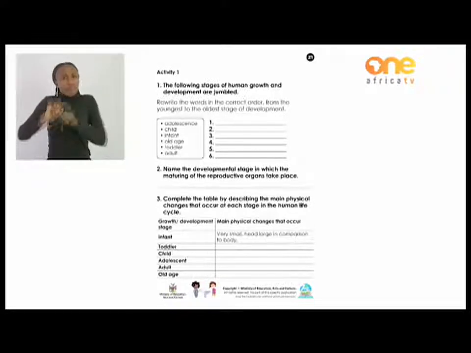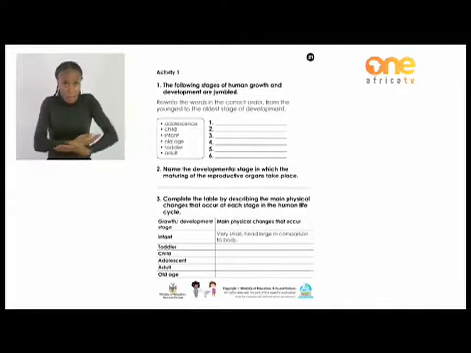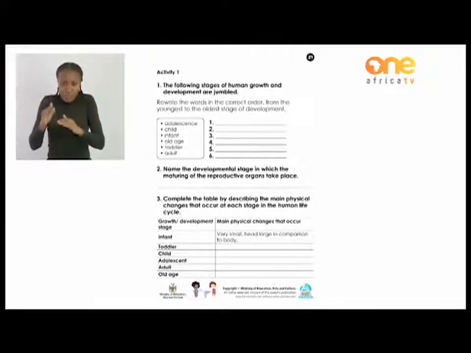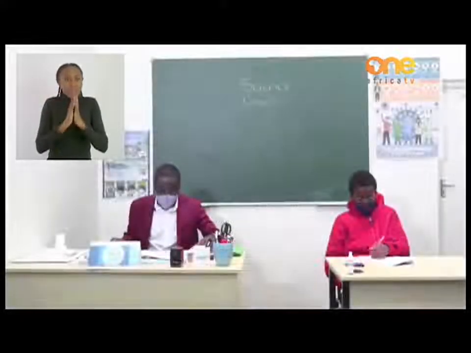And then on our right side, we have main physical changes that occur. Infant is already done for you as an example. So you have now to continue with the rest by giving all the details regarding each of the stages of development.